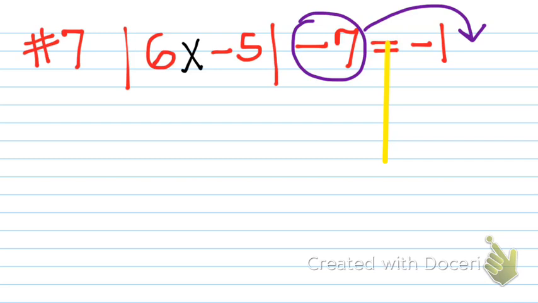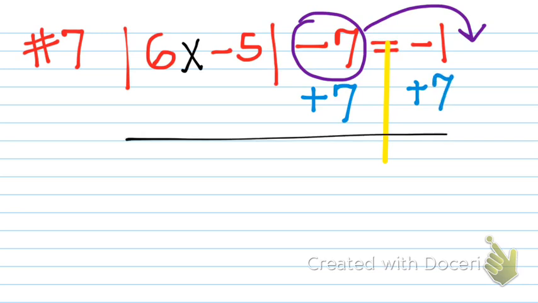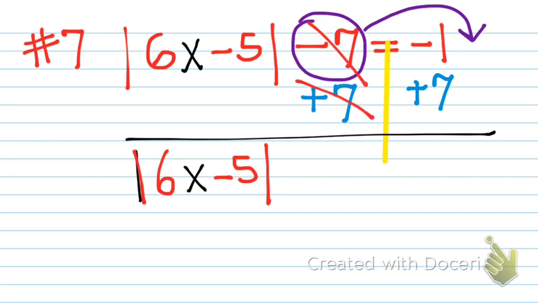To move -7, we add 7 on both sides. And we end up with the absolute value of 6x take away 5. The -7 and the +7 cancels. We bring down the equal sign, and you're in debt $1, but you paid $7, so you overpaid by $6.